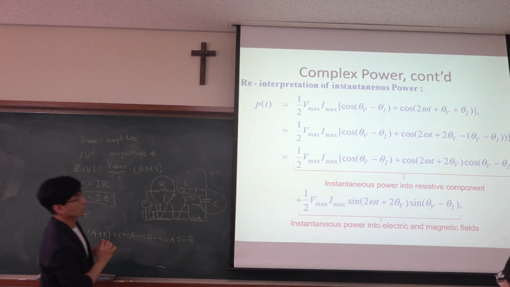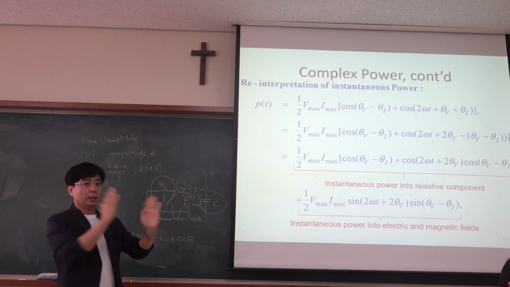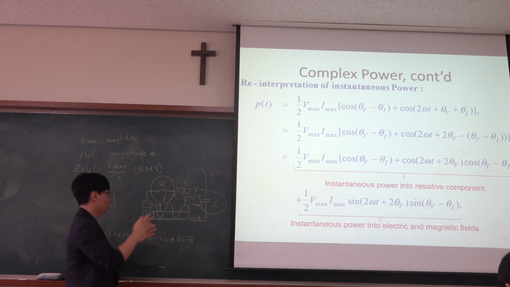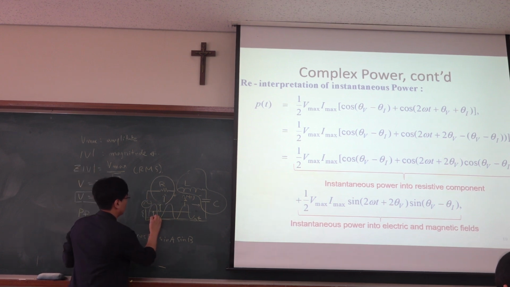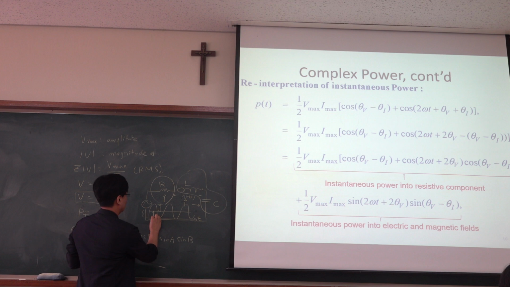Here sine and cosine need to differ by 90 degrees, plus or minus, but anyway, I draw this, something like that.